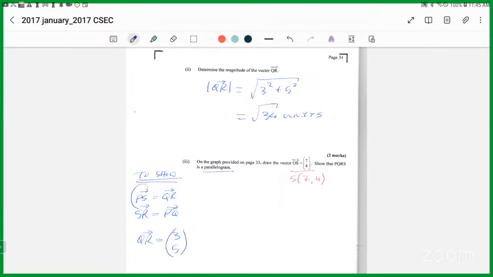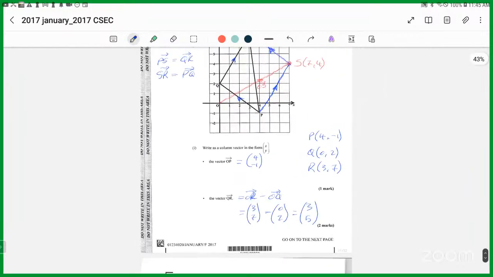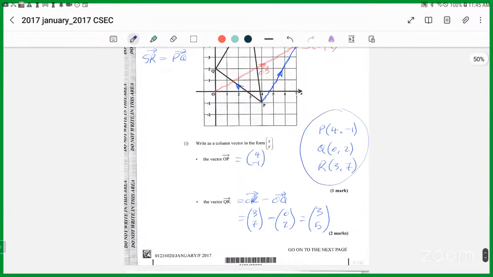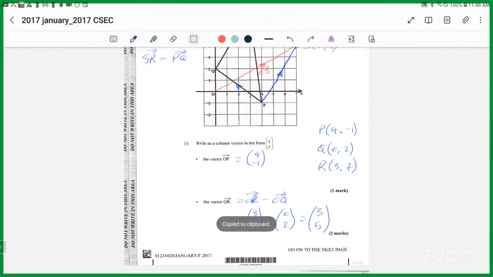So we need to calculate PS and show that it's equal to QR. What else do we know? We'll copy these points down so we can use them.